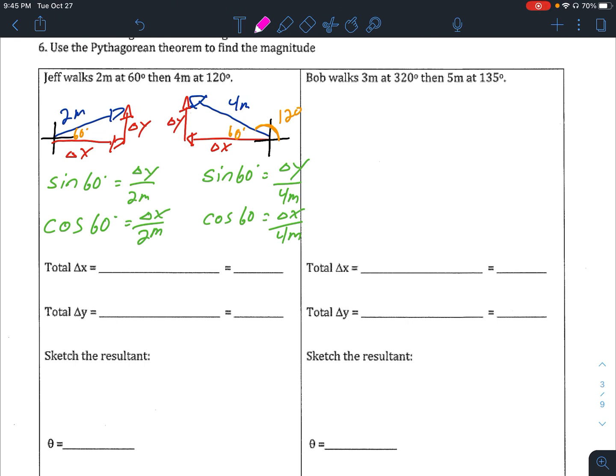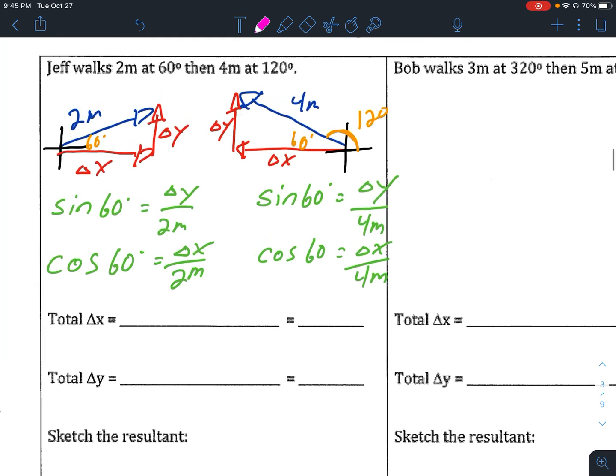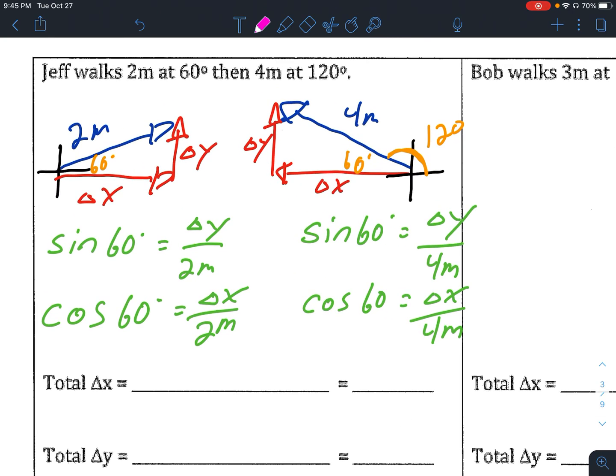So when I plug that in my calculator, I'm just going to label these as best I can. Let's expand a little bit. And for my sine 60 here, my delta y over 2 meters, is going to be 1.7 and 1 meter.